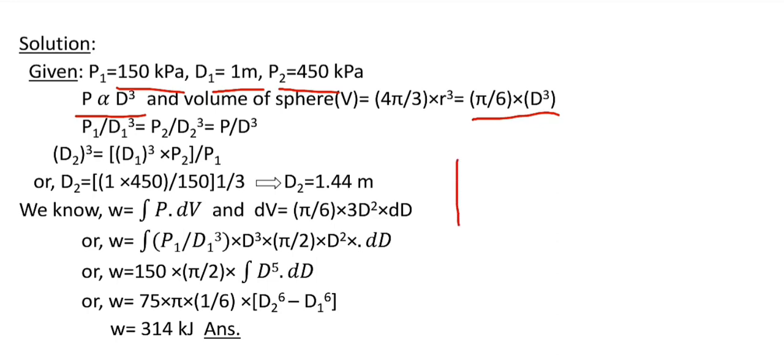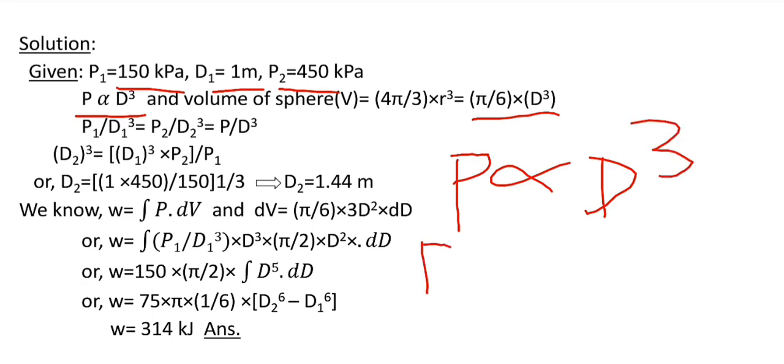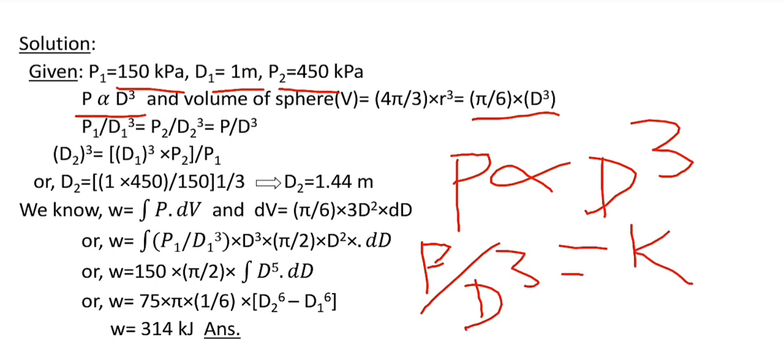Since pressure is directly proportional to the cube of the diameter, pressure per unit diameter cubed will be constant, and from this we have derived this formula.